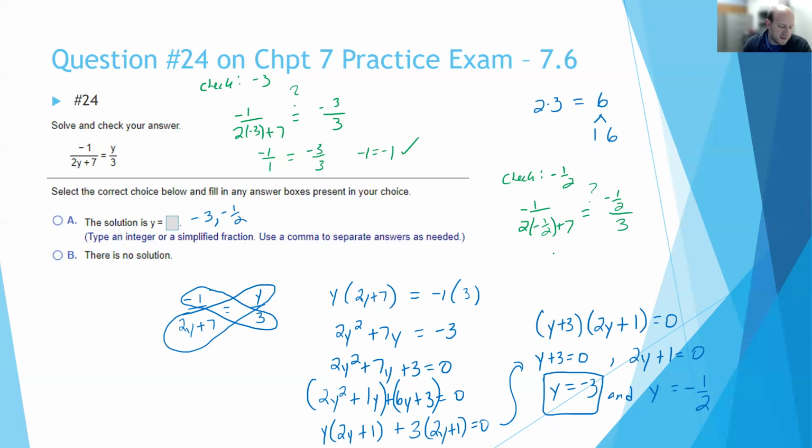And this is going to give me, let's see, 2 times -1/2 is -1 plus 7, that's going to be 6. So this is -1/6. And then -1/2 divided by 3 is -1/6. So that checks out as well. So I know that y equals -1/2 is also an answer when I check it. So again, these are your answers, -3, -1/2.